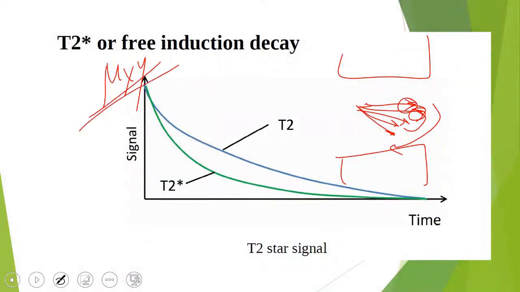This leads to a gradual but noticeable acceleration of loss of phase coherence, because each proton will take a different speed, and over a period of time, they will start to experience loss of phase coherence. This makes the process of decay of the MXY component quick and pronounced in nature.